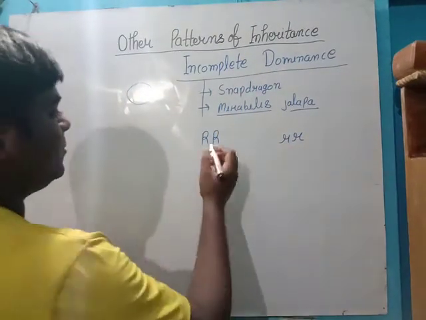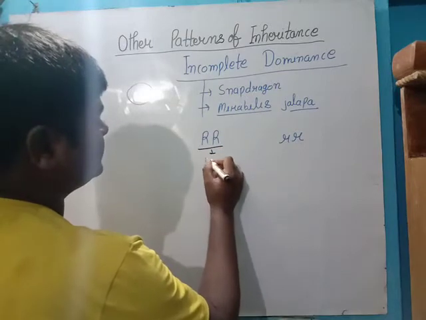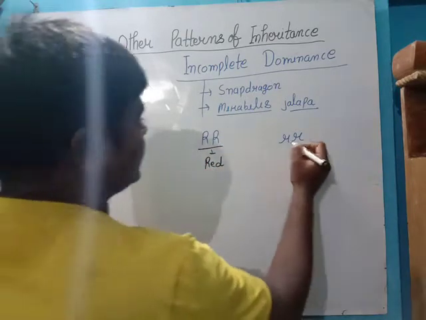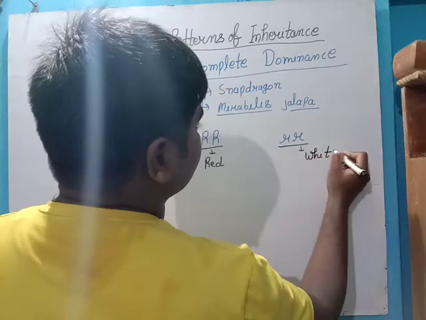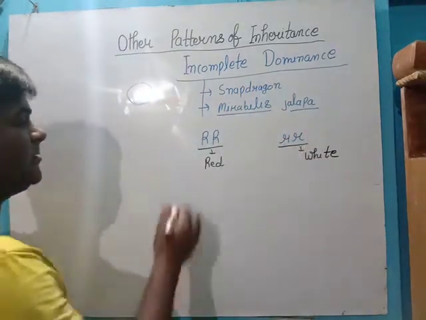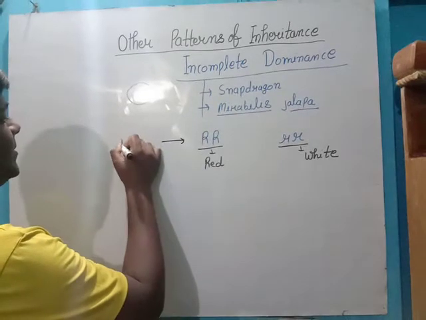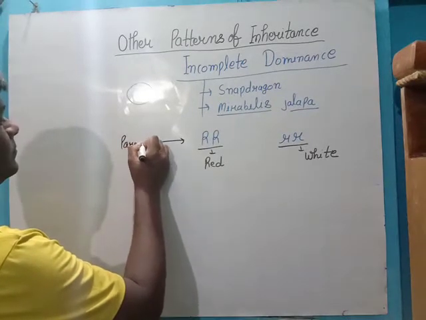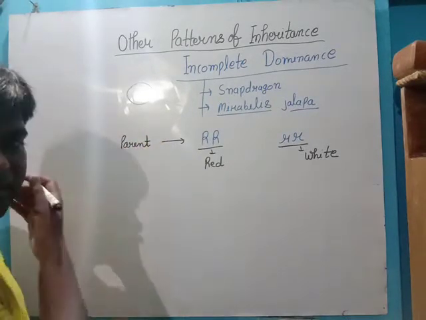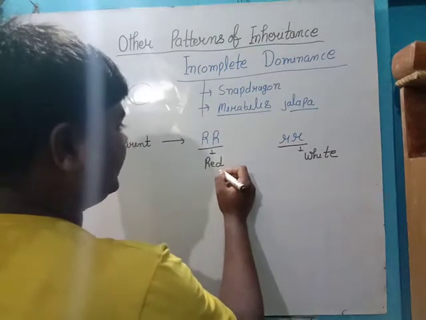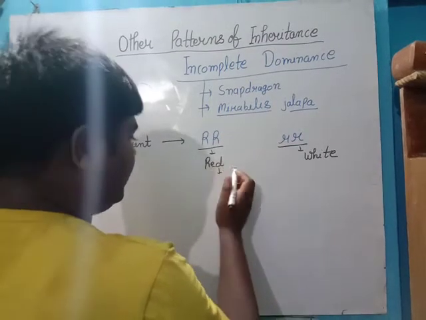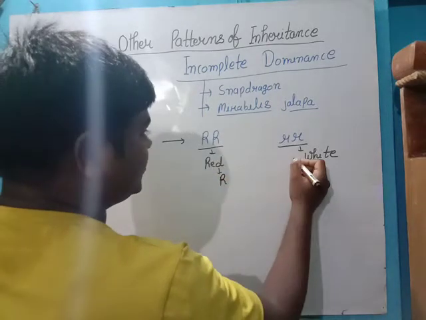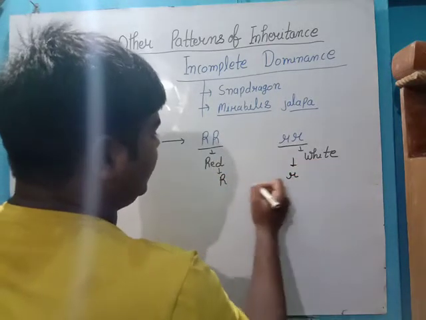Dominant flower was red and recessive is white. They are the parents. Production of gametes we can form in this way also. We can match.